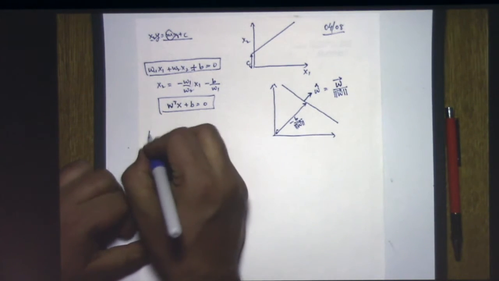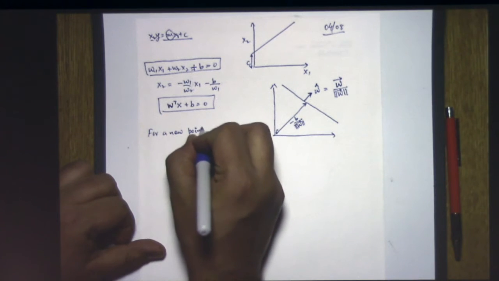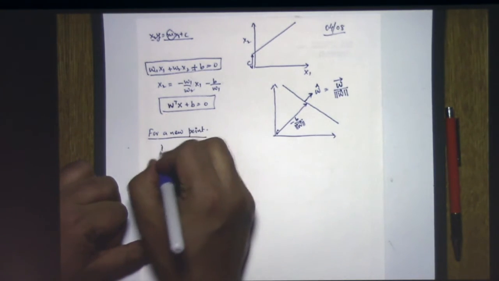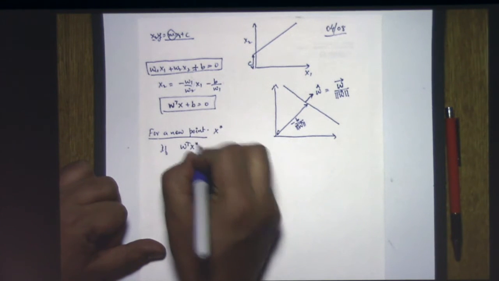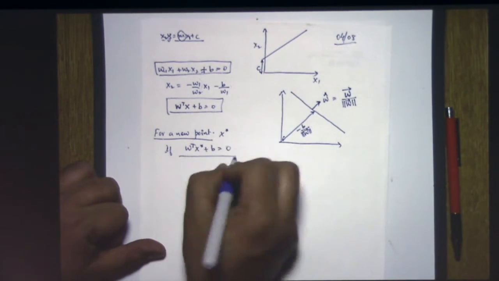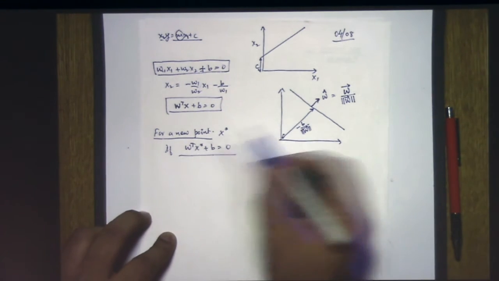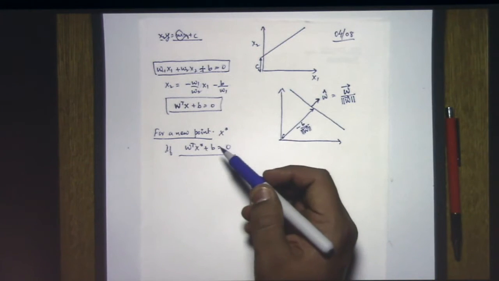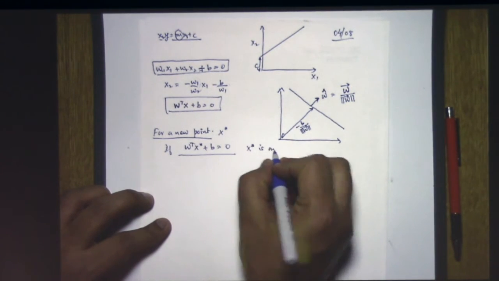For a new point x star, if W transpose x star plus B equals 0, what does that mean? That point is on the line because it's satisfying this equation. So x star is on the line.